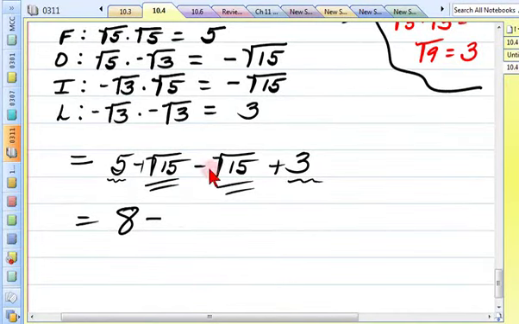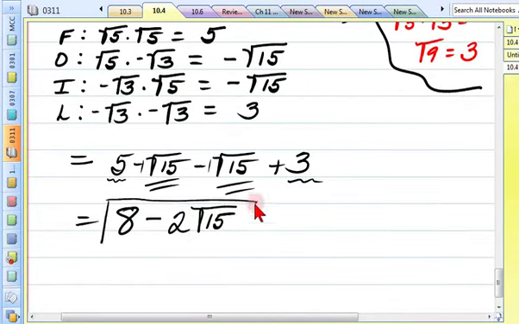If that's a 1 and that's a 1, minus 2 times the square root of 15. And I multiplied them. If I could simplify this radical square root of 15, then I would be responsible for doing that. But that can't be simplified.